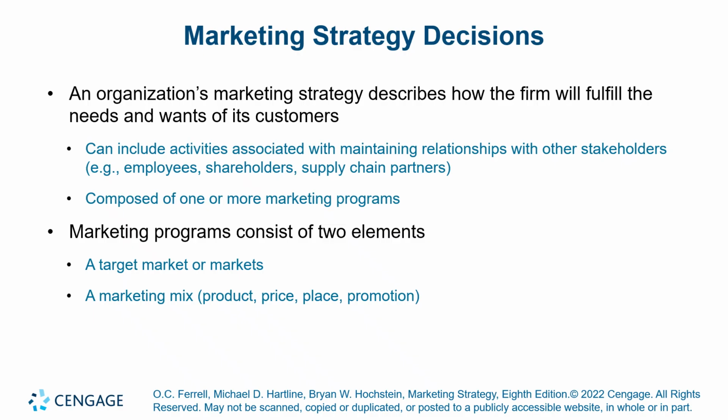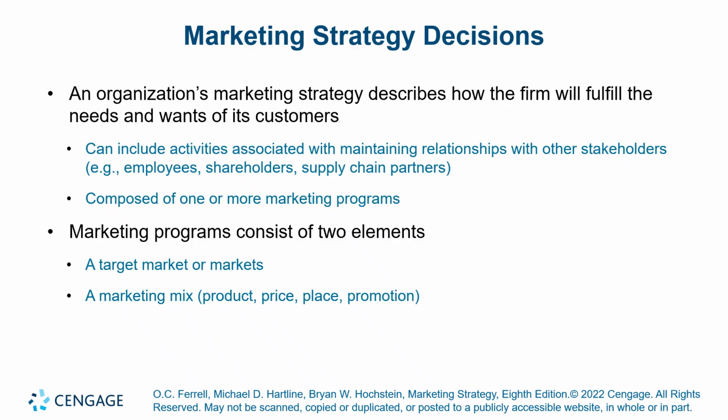Product. Price is the financial value you attach to the product. Place, what is place? Remember, it's not marketplace. It's the channel of distribution, the middlemen, from wholesalers to retailers to consumers. The channel of distribution is what we mean by place.